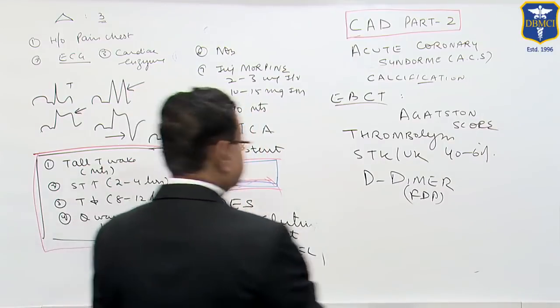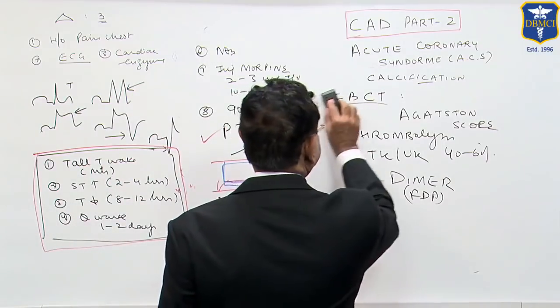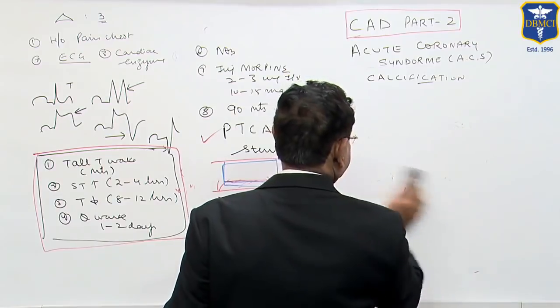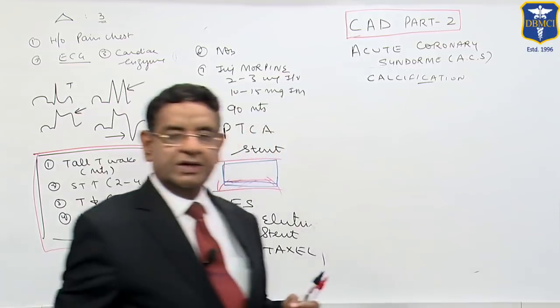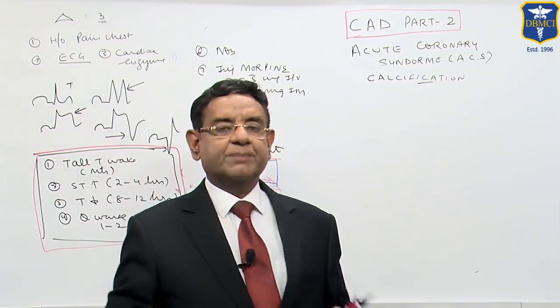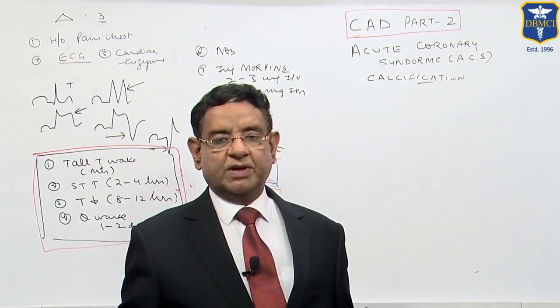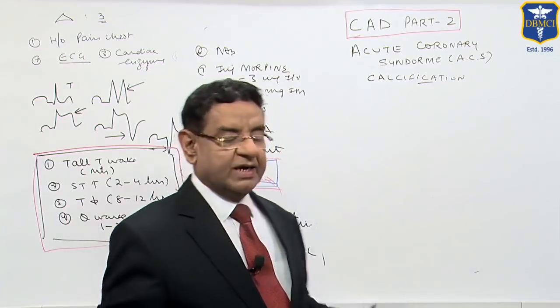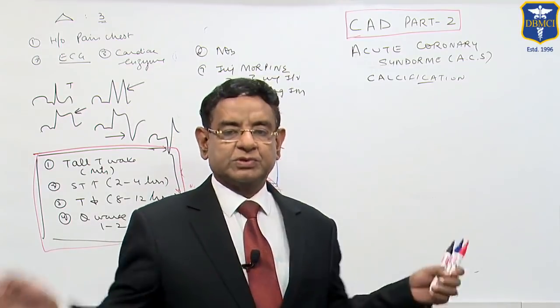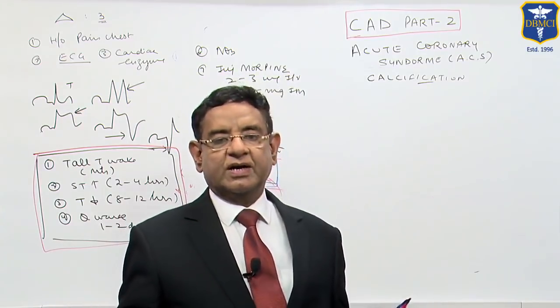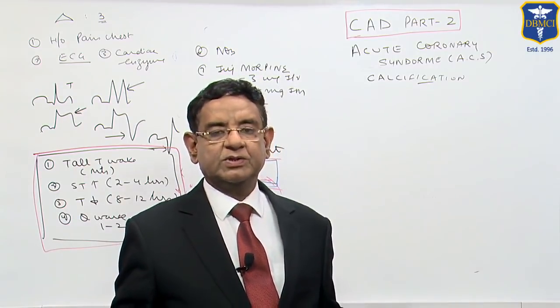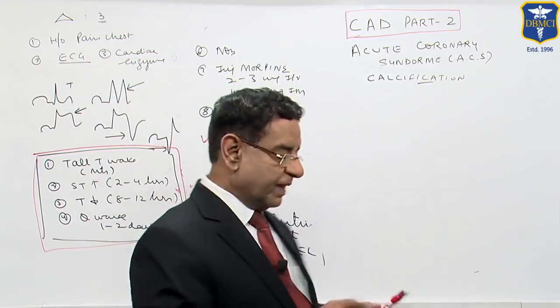So now the patient is hospitalized with us, and suppose PTCA is not possible. Why not? The plaque is calcified or diffuse, the artery is involved, fibrous. So you go for coronary artery bypass graft.